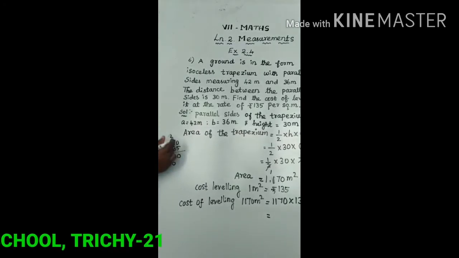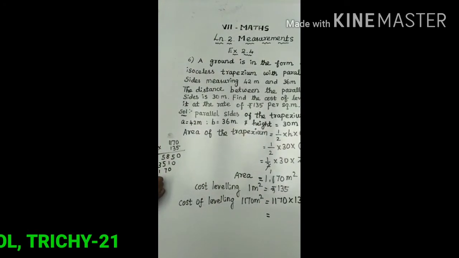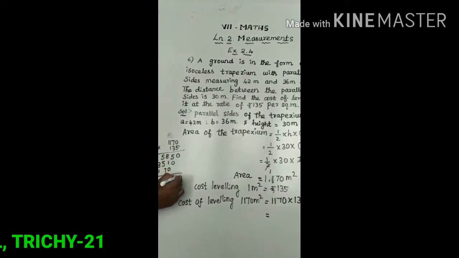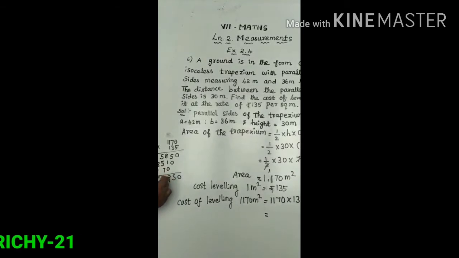Then multiply by the 1: 1 into 0 is 0, 1 sevens are 7, 1 ones are 1, 1 ones are 1. Adding now, 0, 5, 8 plus 1 is 9, 17, 5, 1.